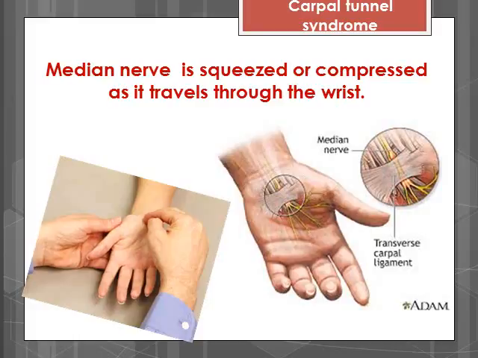The carpal tunnel syndrome is caused by pressure on the median nerve along its travel through this narrow passageway. If this occurs, the symptoms include numbness, tingling, and weakness in the hand and arm.